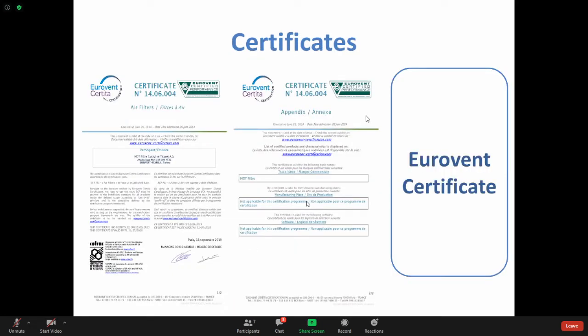And our certificates: Eurovent for the F-class filter, like the bag filter we sell. We have had the Eurovent certificate since 2012, and every year we send our filters to be tested by Eurovent.